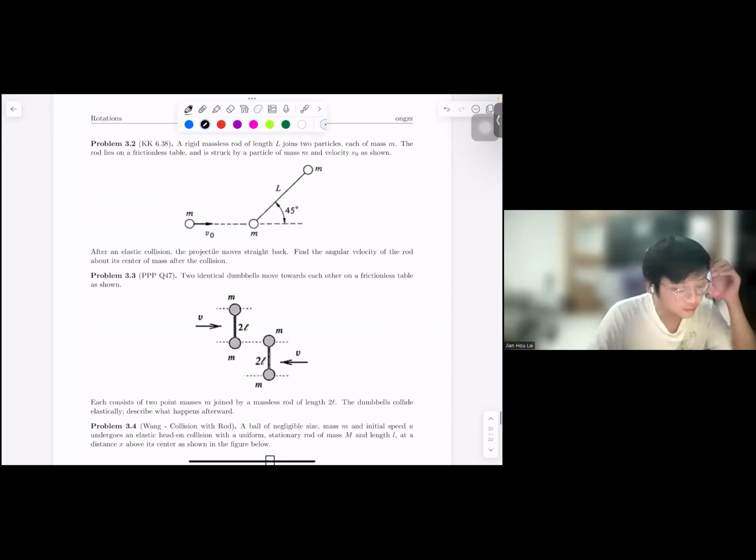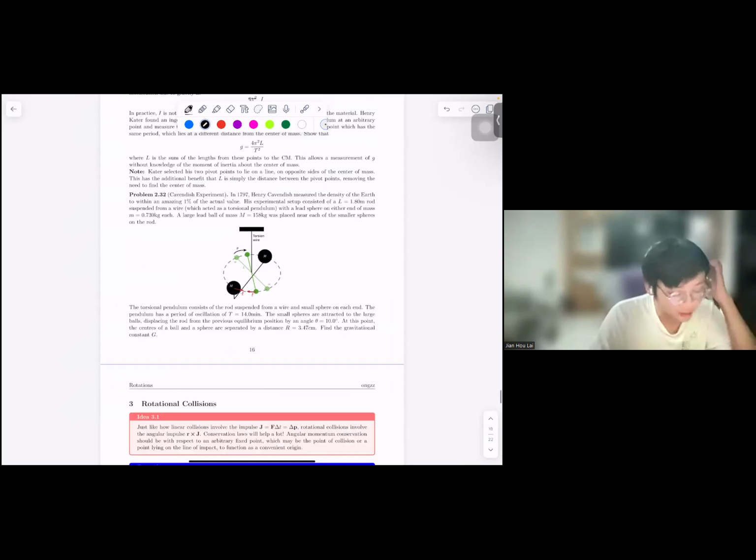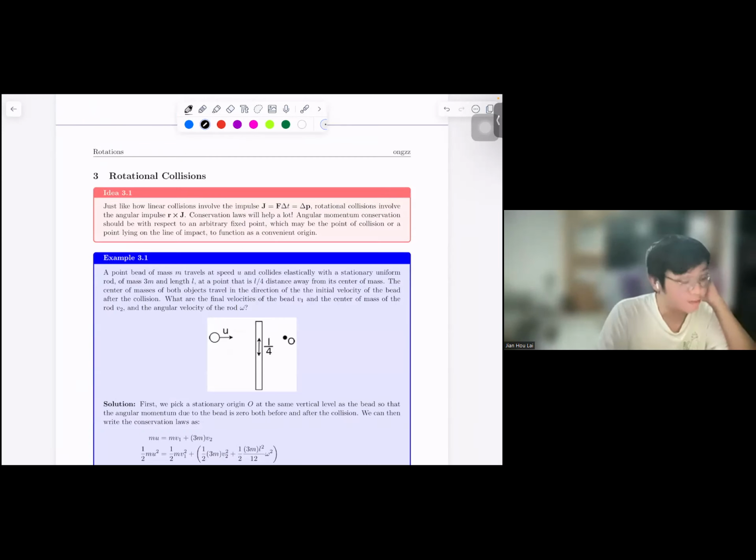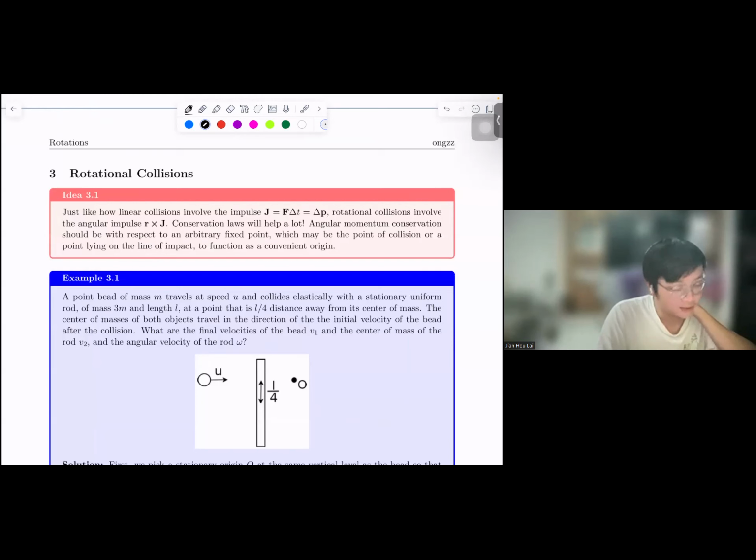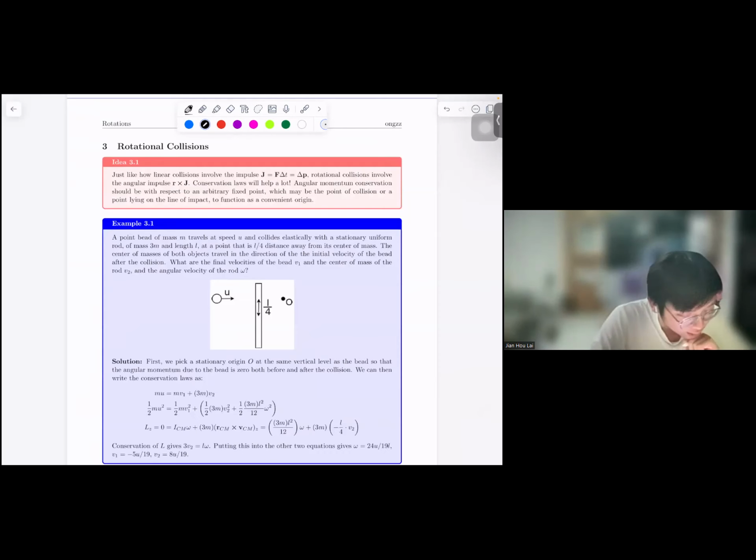And also the rotational collision is another thing. We talked before about linear collision, and if you apply it to rotation, it will be rotational collision, which we can also try to see.